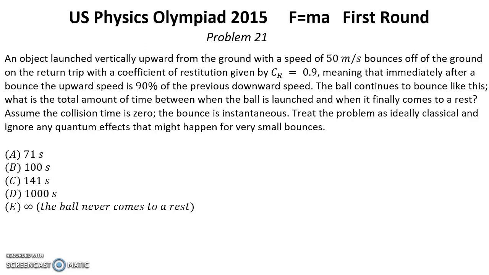The ball continues to bounce like this. What is the total amount of time between when the ball is launched and when it finally comes to rest? Assume the collision time is 0.